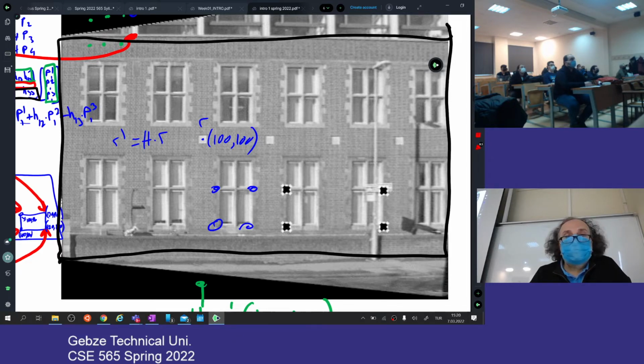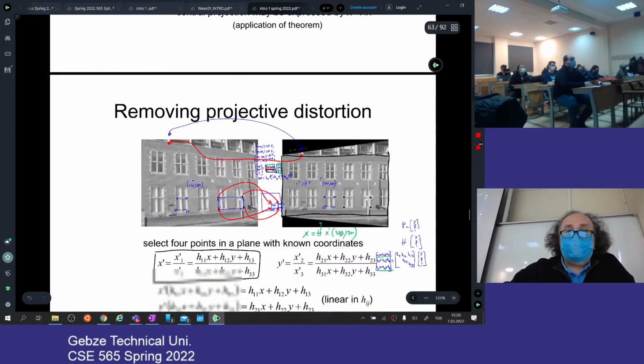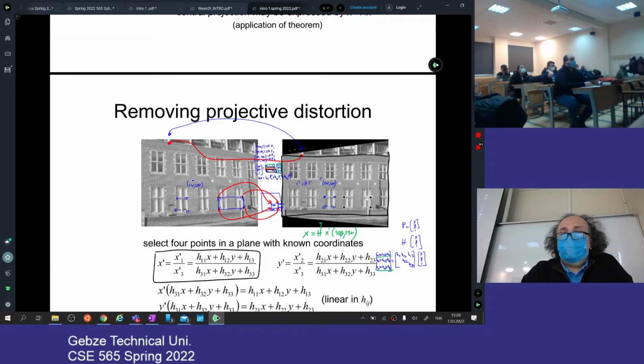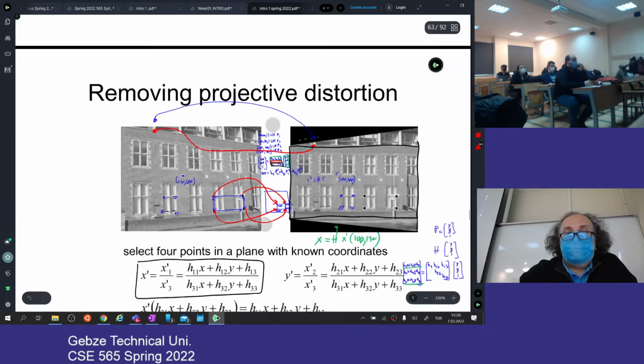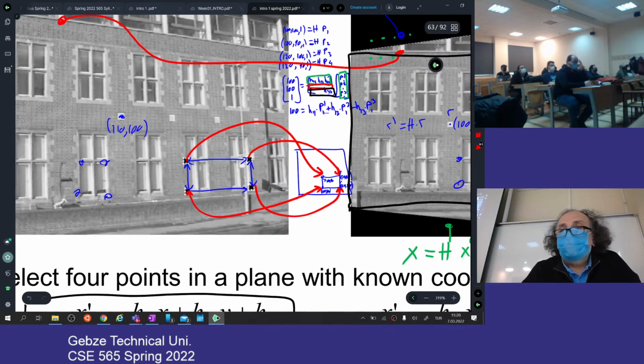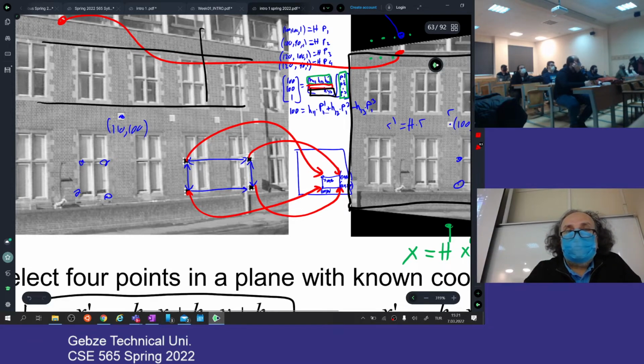So basically, if you are given an image like that, and if you know the parallel lines in this image, I know that this line is parallel to this line, and I know that this line is parallel to this line.